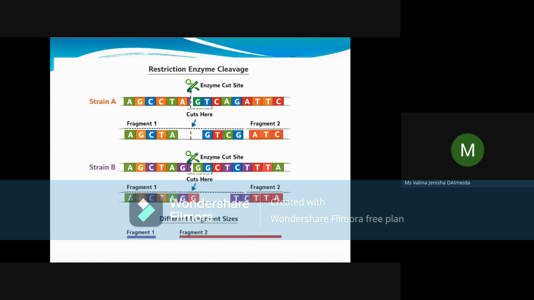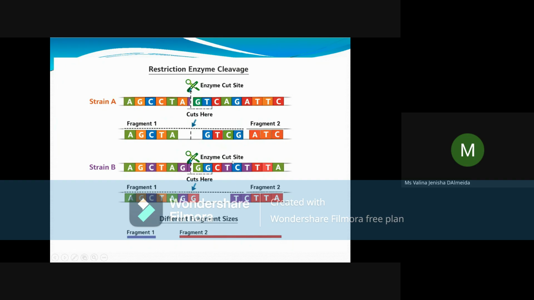Sticky end overhangs we usually prefer because it is easier to design the complementary sequences for them. With the blunt end, it will be difficult to design the sequences, but usually we prefer the sticky ends for the ligation concepts. Now, how exactly does the restriction enzyme work for the RFLP?